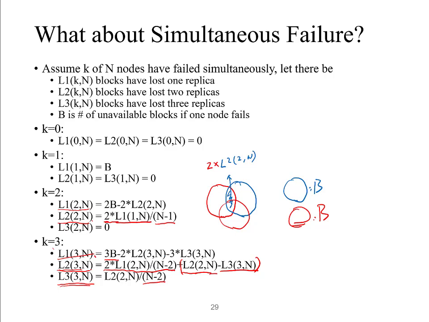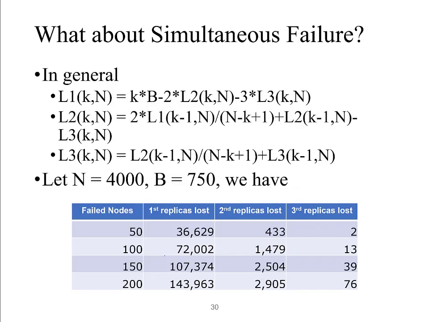If we extend this to the general case, this is the formula. Everything is just the same as before, except we need a couple more words on this. For L3, you do the L2 first, and you remember to add the old blocks that have lost 3 replicas.